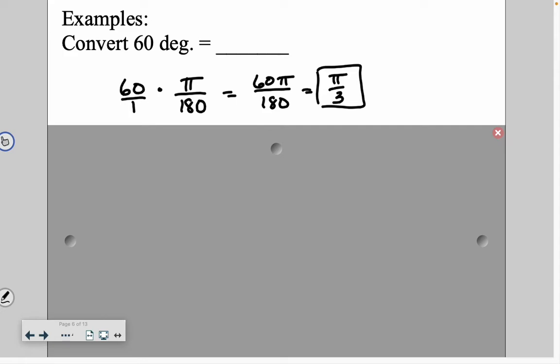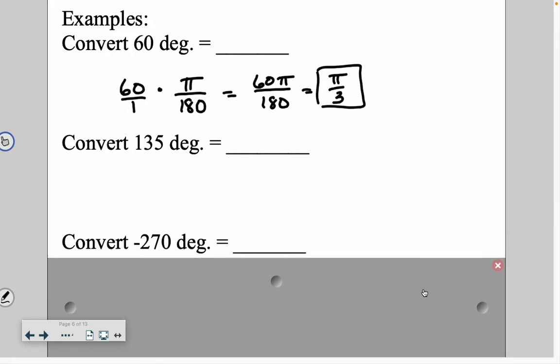You'll be surprised, by the way, as a bigger heads up, we're probably going to be spending about the next 2 months on this, radians, degrees, all this type of stuff. Trigonometry is a huge part of pre-calc. By the time we get done, you'll know 60 degrees is pi over 3 just like nothing. It'll be second nature.